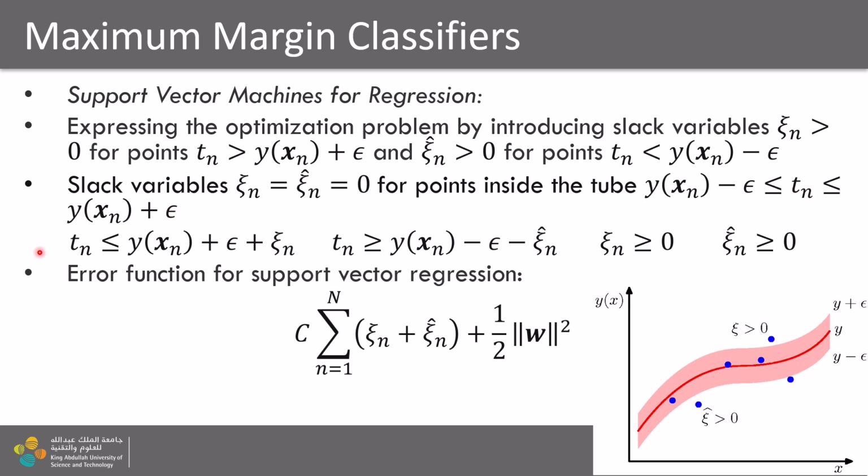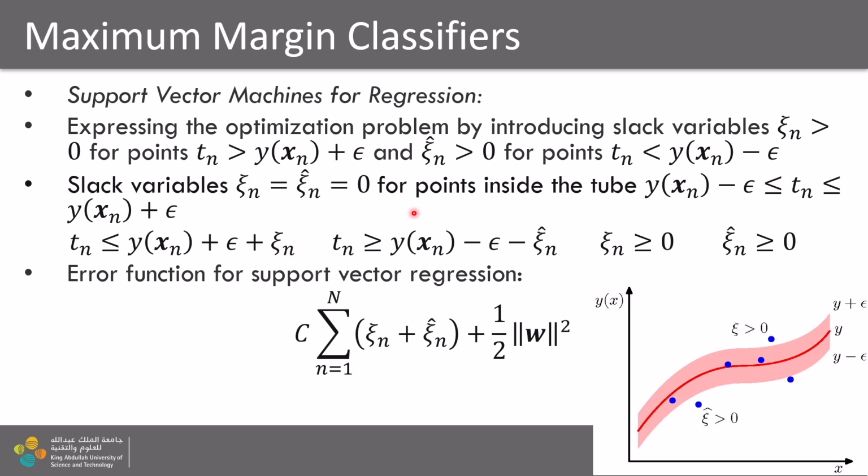And then from that we can define that Tn is smaller than y(xn) plus epsilon plus the slack variable.